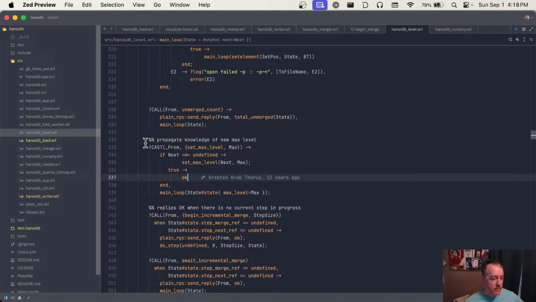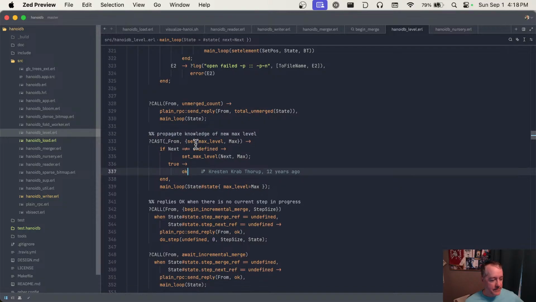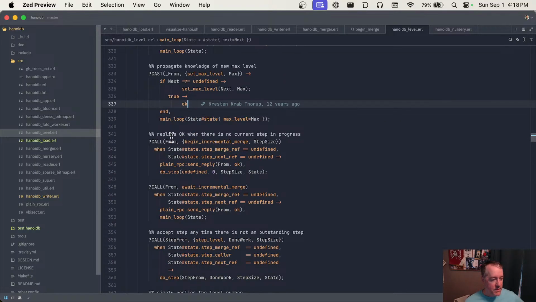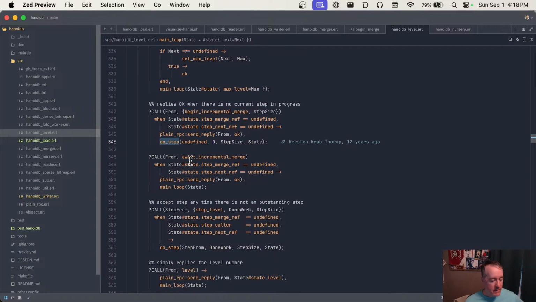So interesting. All right, so begin incremental merge. So we'll need to look at this do step function. Okay, and so here's the handshake. So if it's saying begin incremental merge and then await is like, I'm going to wait until you're done, right?